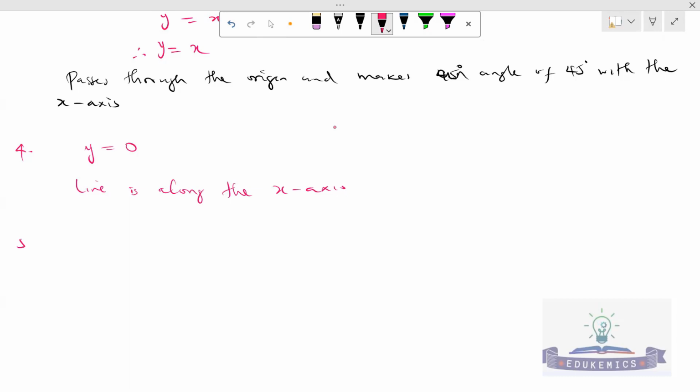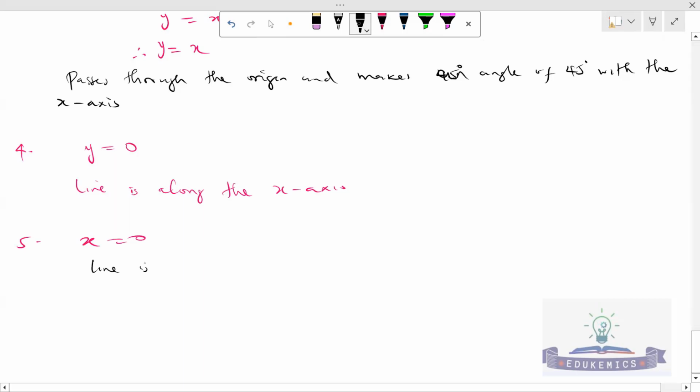When we have x equals 0, the line is along the y-axis.